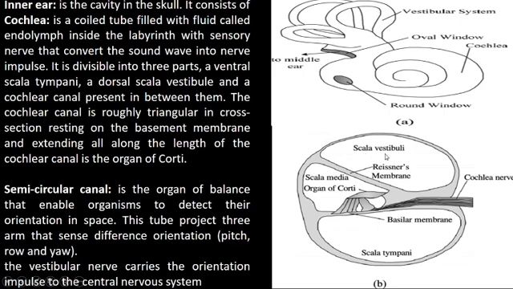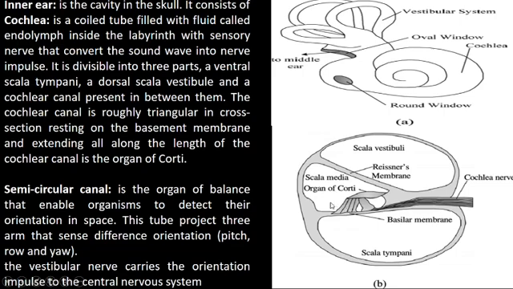We also have the scala vestibuli. So that is to say, we have 3 scalae in the cochlea: the scala vestibuli, the scala media, and the scala tympani. The scala media is the one in the middle, and that is where the cochlear nerve is attached to the organ of Corti. So the organ of Corti is located in the scala media.